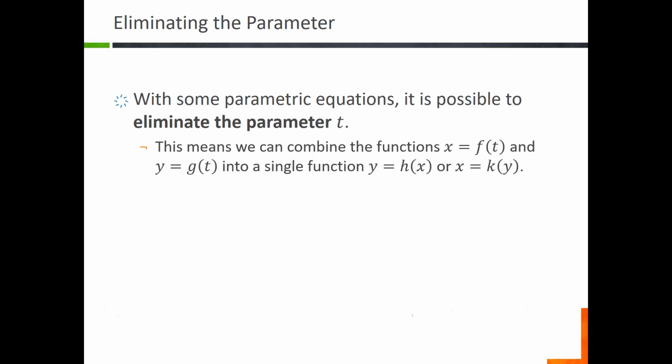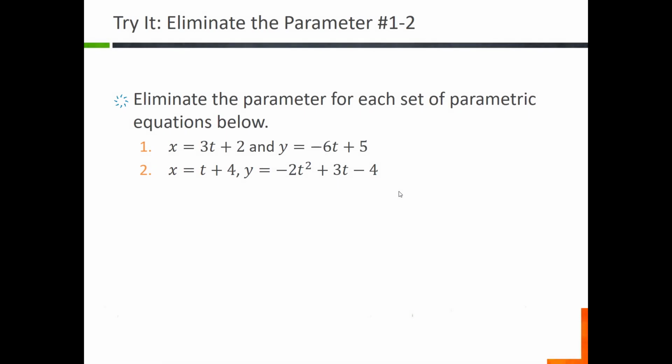So we're converting it from parametric equations to a rectangular function. If we had an x function and a y function, both functions of t, we're trying to write it as a single function where either y is a function of x or x is a function of y. And you can go either direction. Usually we like to do y as a function of x. Sometimes it just depends on how simple the function is.